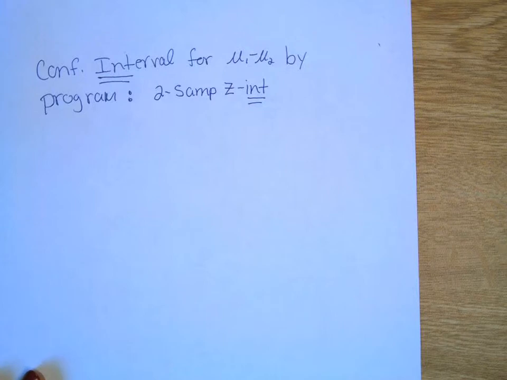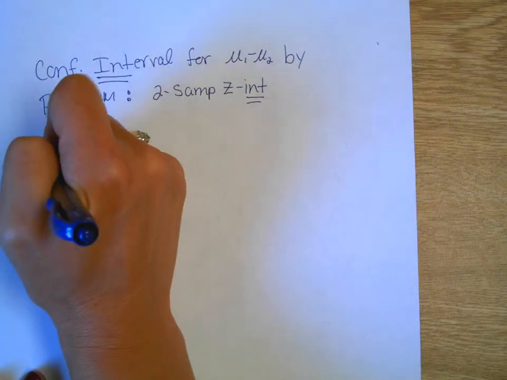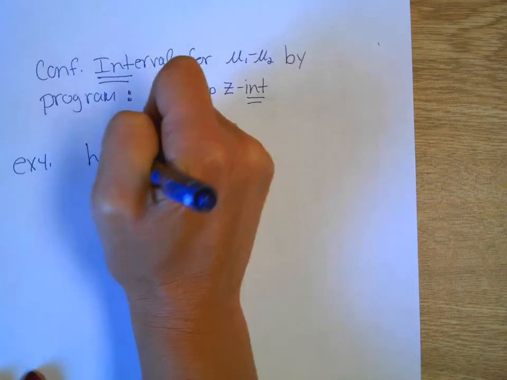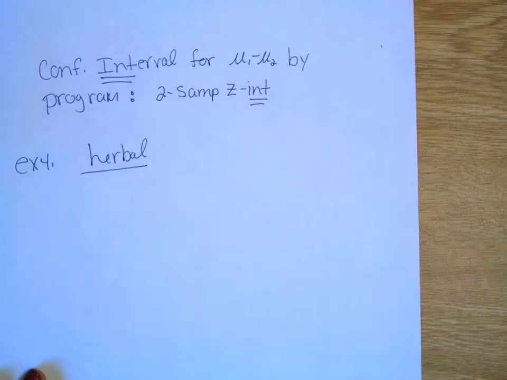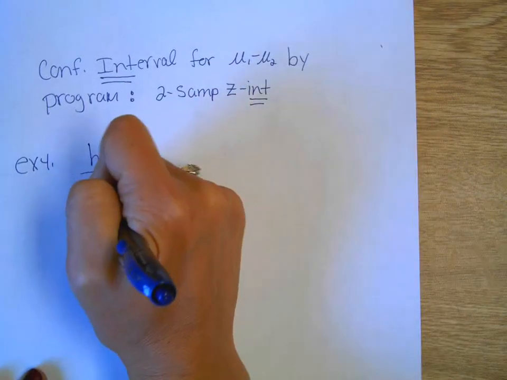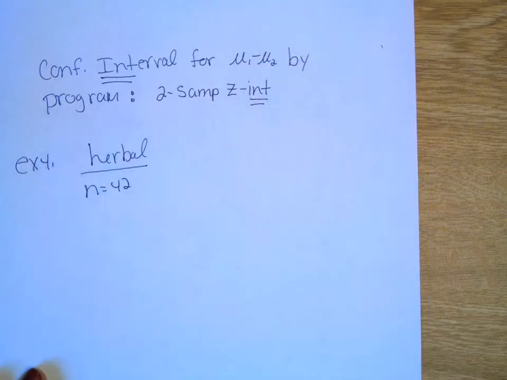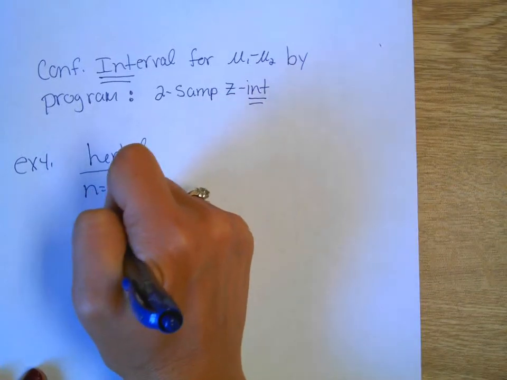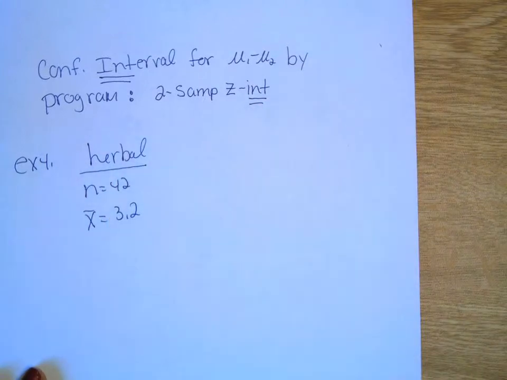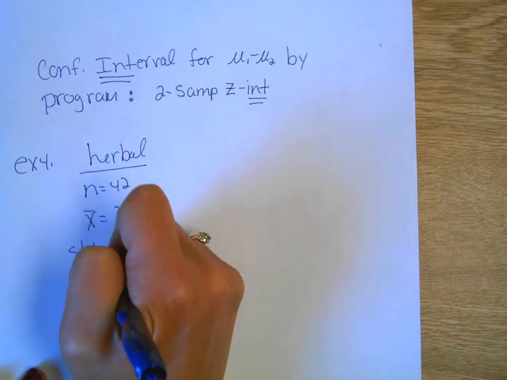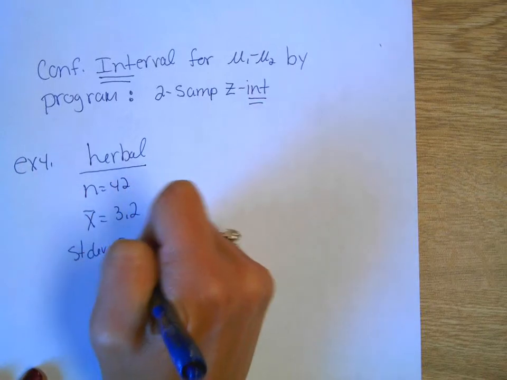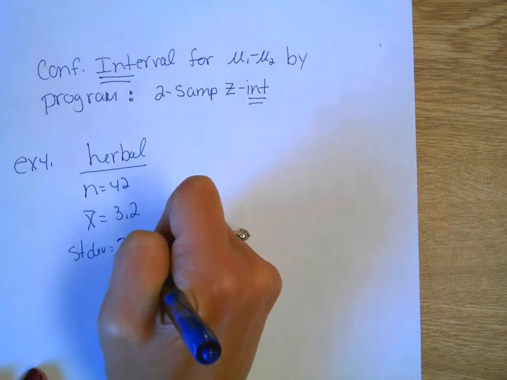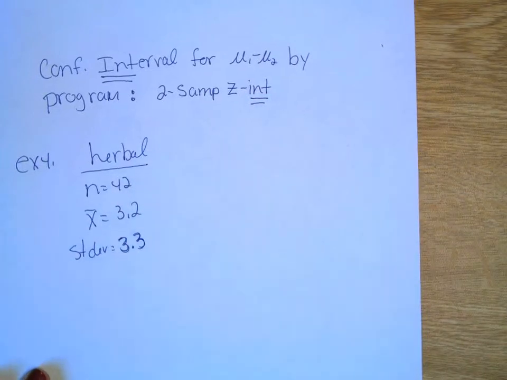After 12 weeks, so we've got herbal people, this is example 4. 42 subjects using the herbal supplement and a high fiber, low calorie diet had a mean weight loss of 3.2 kilograms and a standard deviation of 3.3. So the standard deviation was bigger than the average. So that means some people gained weight here.